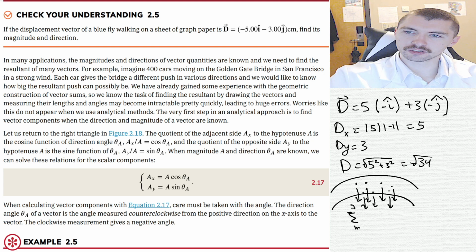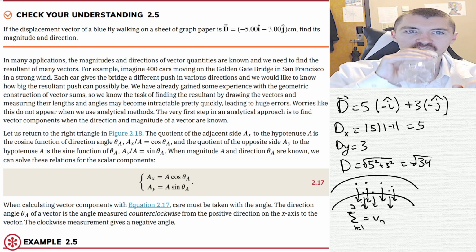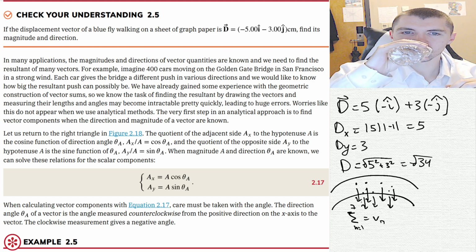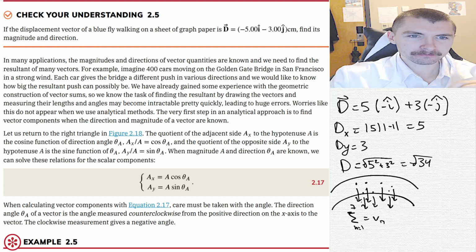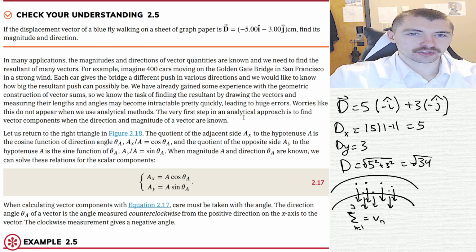So I guess I could say the sum from 1 to 7 of vector n. So you'll be doing that. This would be the magnitude of each vector. Notice I'm not putting an arrow here. The very first step in the analytic approach is to find the vector components when the direction and magnitude are known.